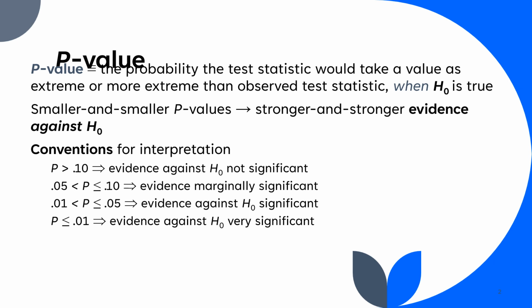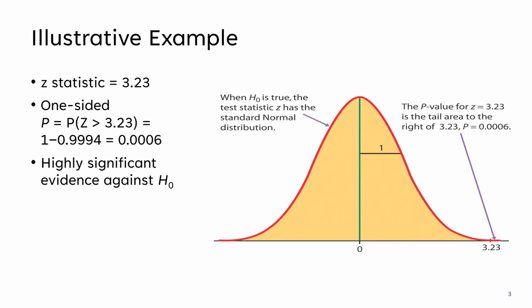If p is greater than 0.01 and less than or equal to 0.05, the evidence against the null hypothesis is significant. And the last one: if p is less than or equal to 0.01, the evidence against the null hypothesis is very significant. Illustrative example: as you can see, the normal distribution, if the z statistic is equal to 3.23.